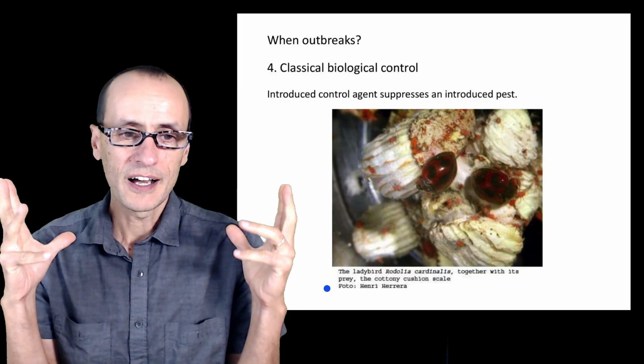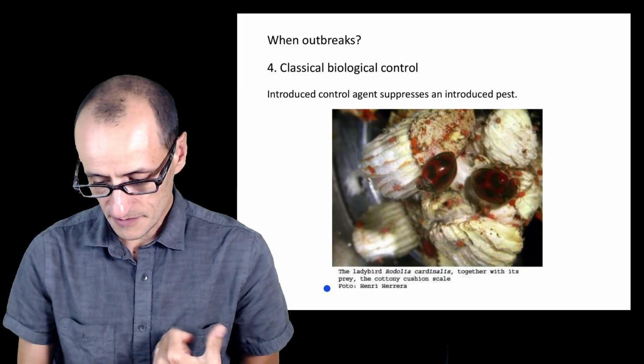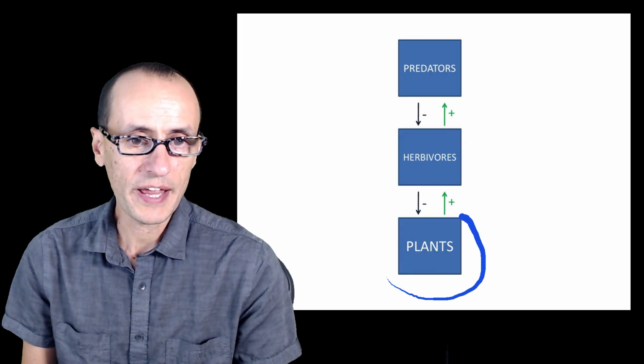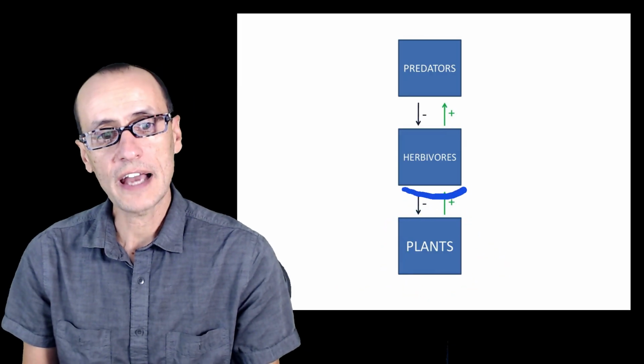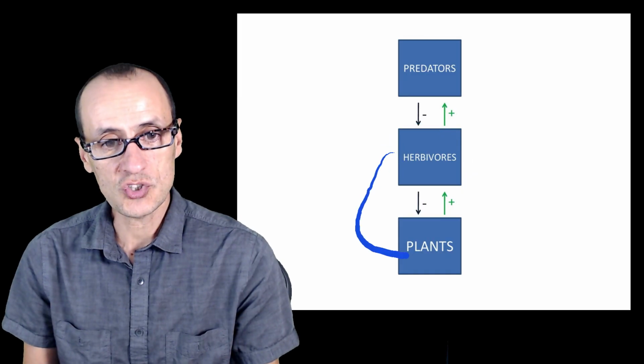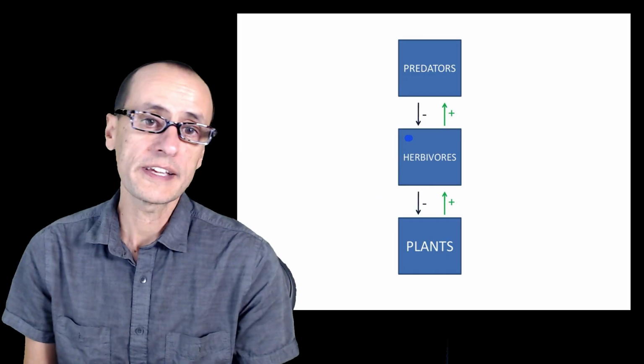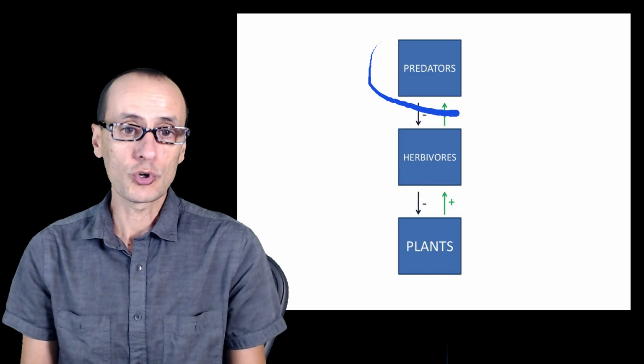So under the analysis of Hairston, Smith, and Slobodkin, what they proposed was that the reason we have lots of plants in the world has to do with the fact that herbivores, those things that consume plants and have negative effects on them, are largely kept in check by the third trophic level.